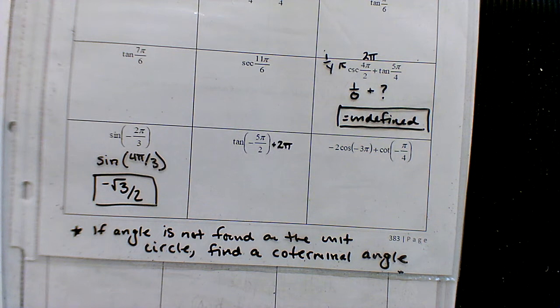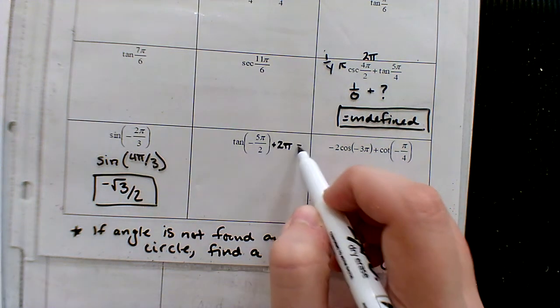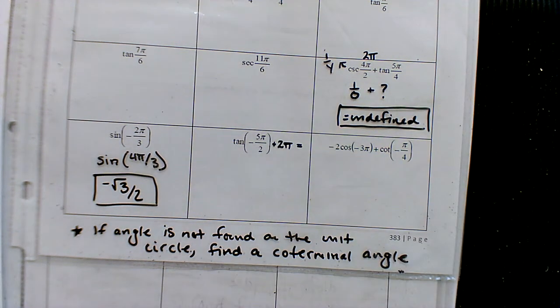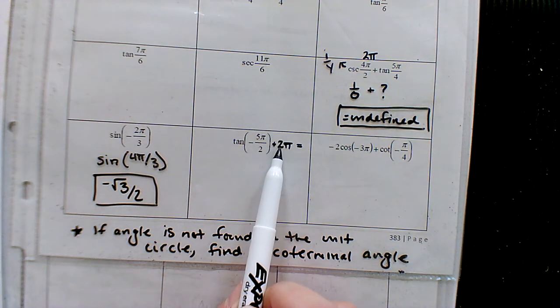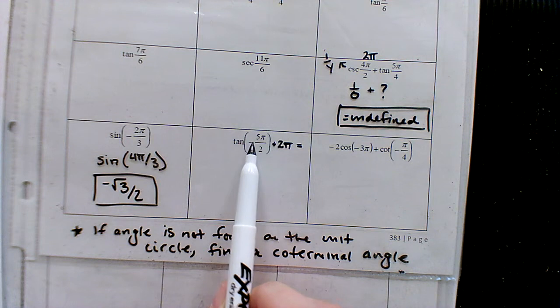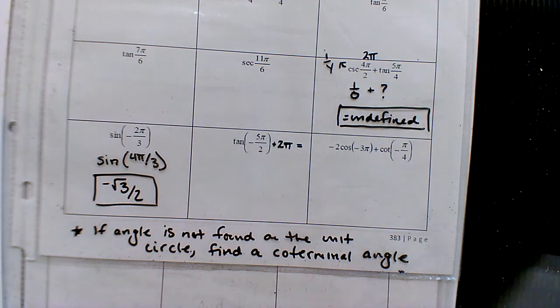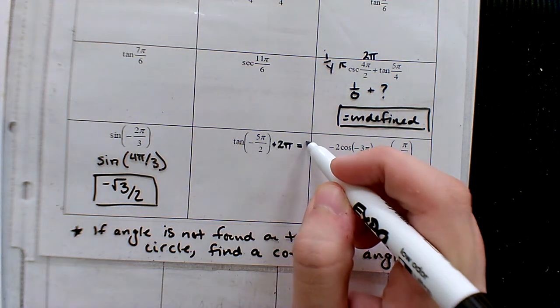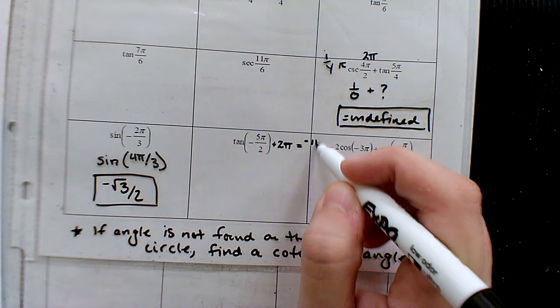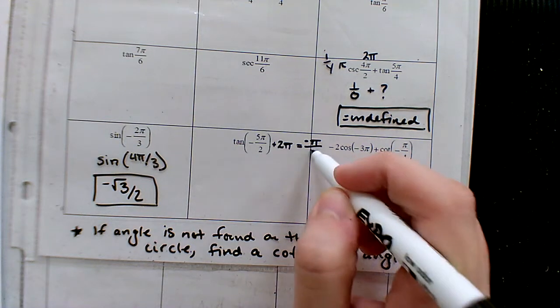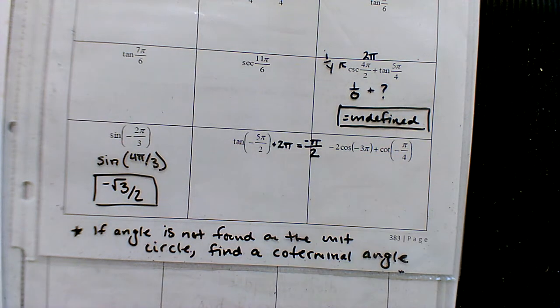Let's go ahead and figure out our coterminal angle. Now you are working with fractions, so you would need to get a common denominator. This would be 4 pi over 2. So negative 5 pi plus 4 pi would be negative pi, and we'll keep the common denominator of 2.